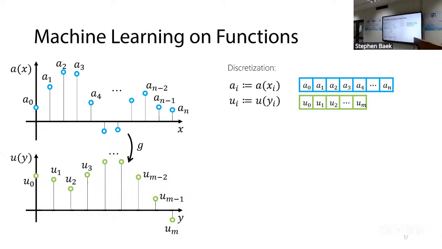So in that setup, now we have a vector, an array of a_i, and then we have an array of u_i.